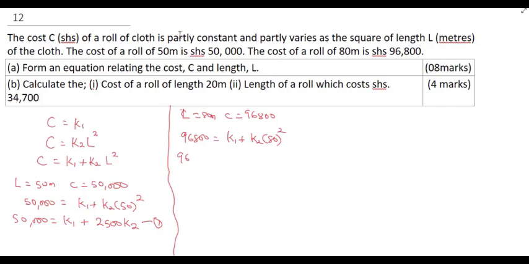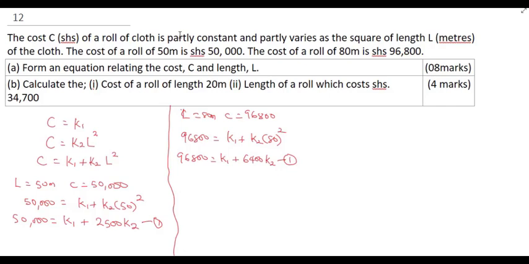So this will be 96,800 is equal to K1 plus 80 squared is going to give us 6400 K2, and I'm going to call this my equation 2. So we need to solve equation 1 and equation 2 and get our K1 and our K2 to be able to get the equation with the relationship.